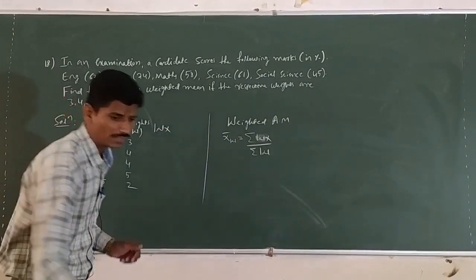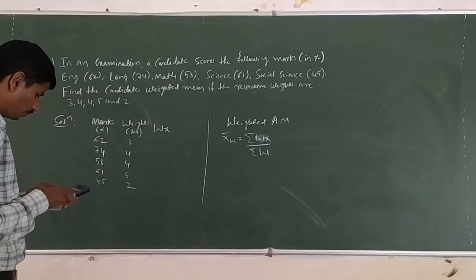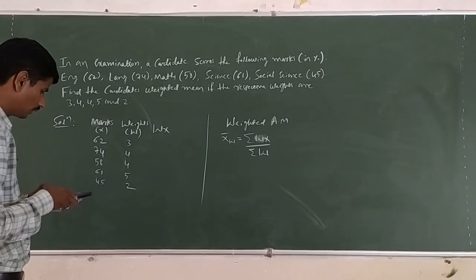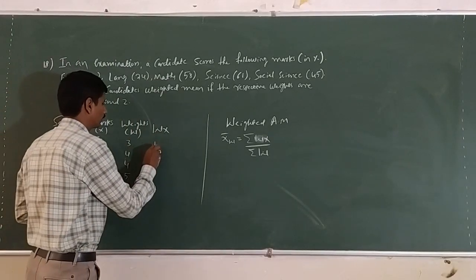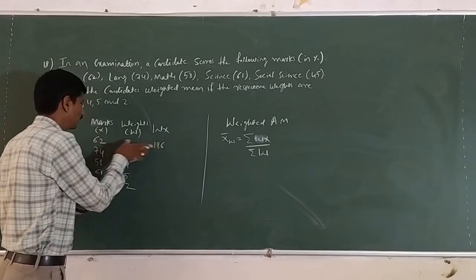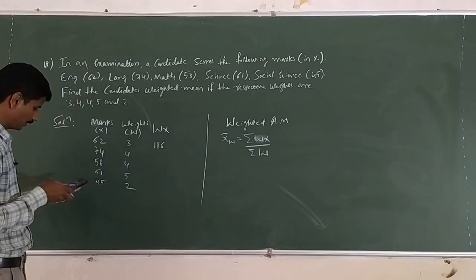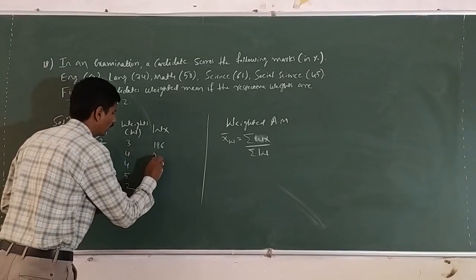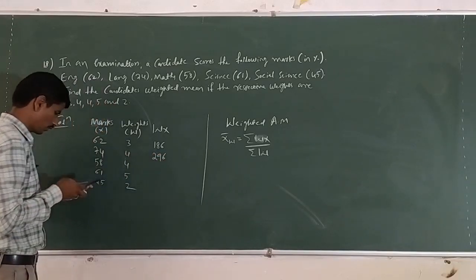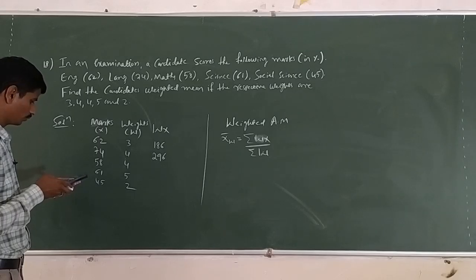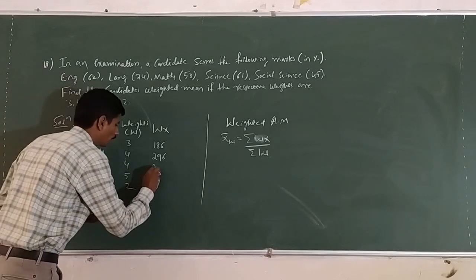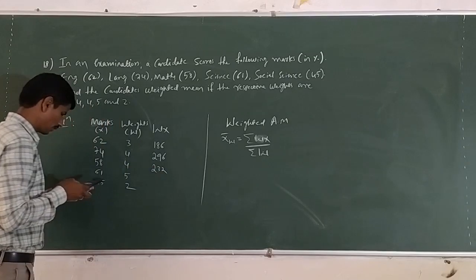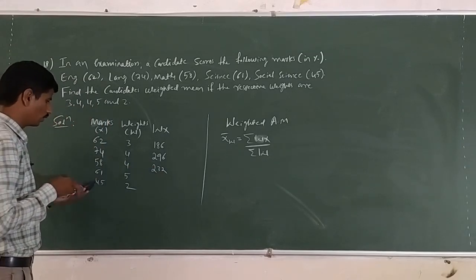W into x. 62 into 3 is 186. Next 74 into 4 is 296. 58 into 4 is 232. Next 61 into 5 is 305.